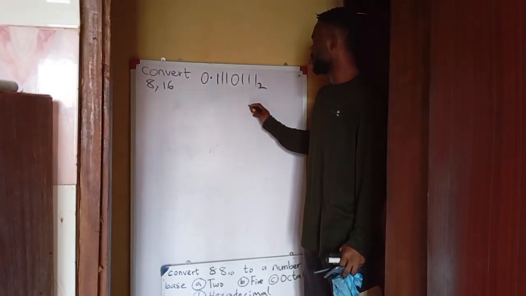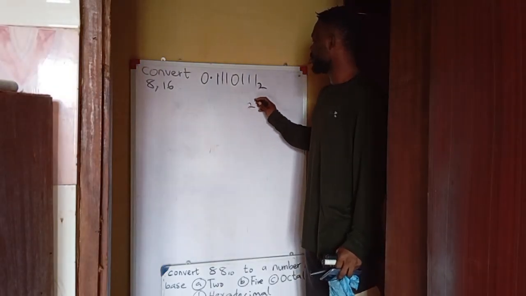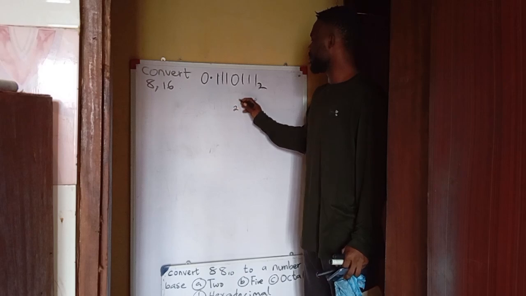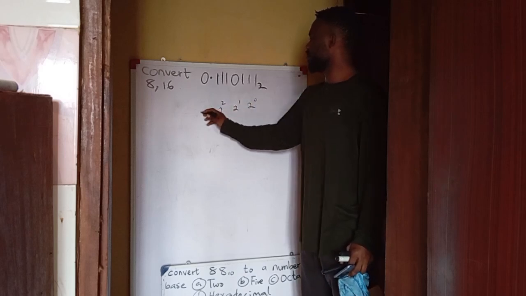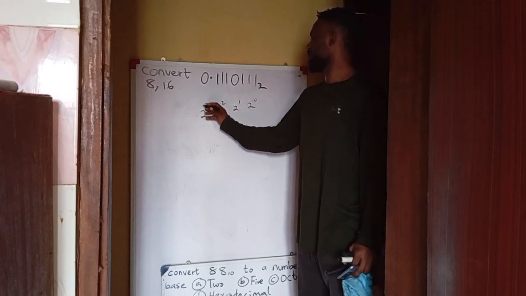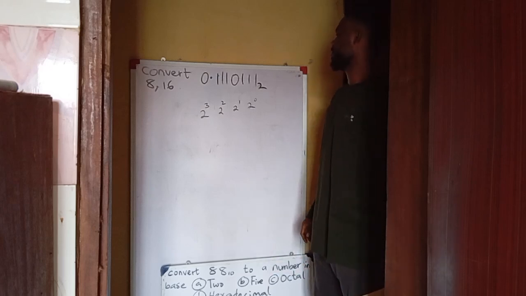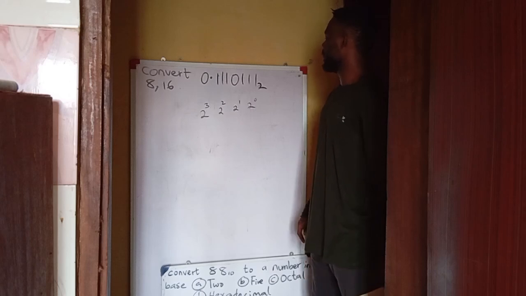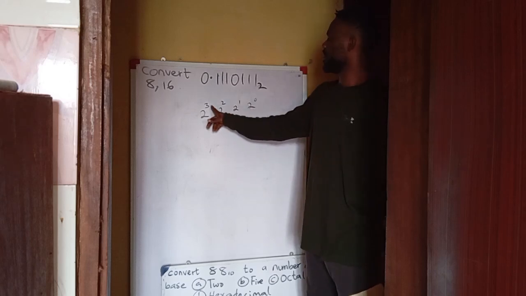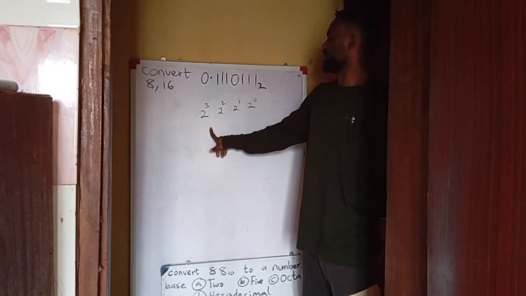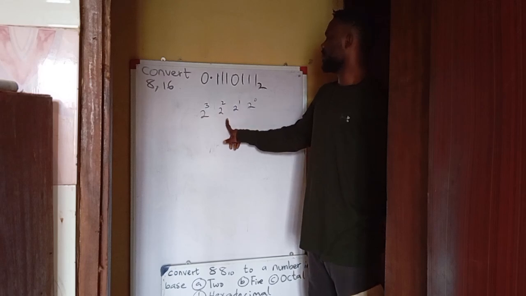It is 4 places, which is the same thing as doing 2 raised to power 0, 2 raised to power 1, 2 raised to power 2, and 2 raised to power 3. So just look at it. If I look at this very well, I'll see that this is going to give me 2 raised to power 3, 8, plus 4, 12.